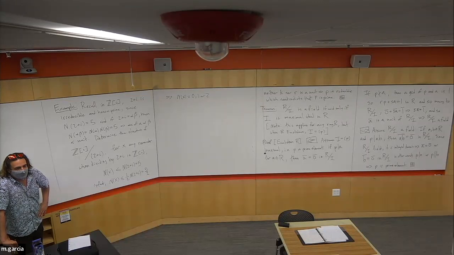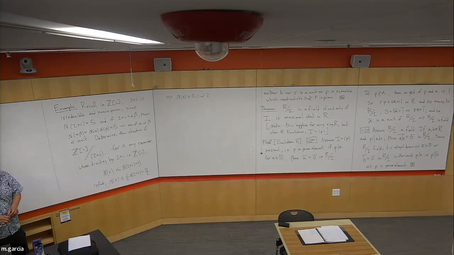Well, there's only one element with norm 0, that's 0. The elements of norm 1 are exactly the units, right? What are the elements of norm 2? Plus or minus 1, plus or minus i. Yeah, good.